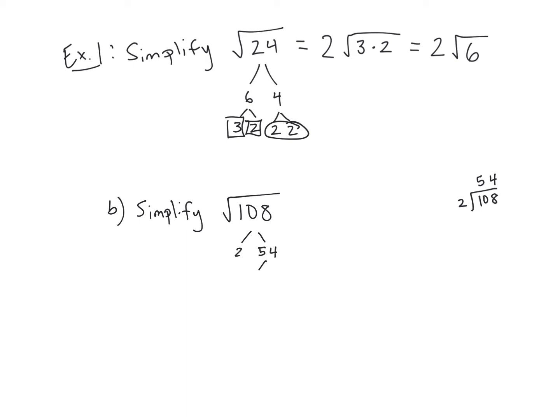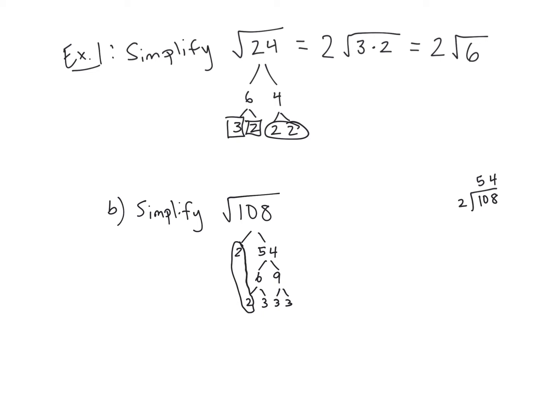And then 54, hopefully we know that one is 6 times 9. Again, 2 can't go further because 2 is prime, but 6 and 9 are not prime. They can keep going. 6 is 2 times 3, and 9 is 3 times 3. Now we're at the end of the string, right? 2 and 3, those are all prime, so we can't break those down further. I'm only going to look at the numbers at the end of the branches.